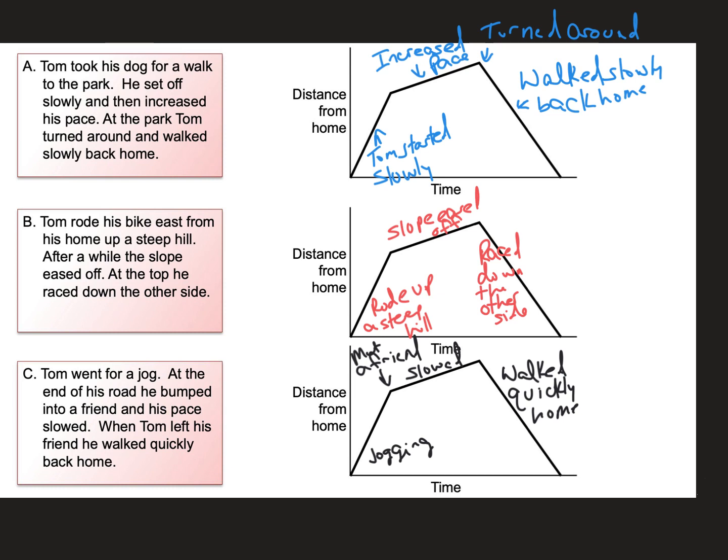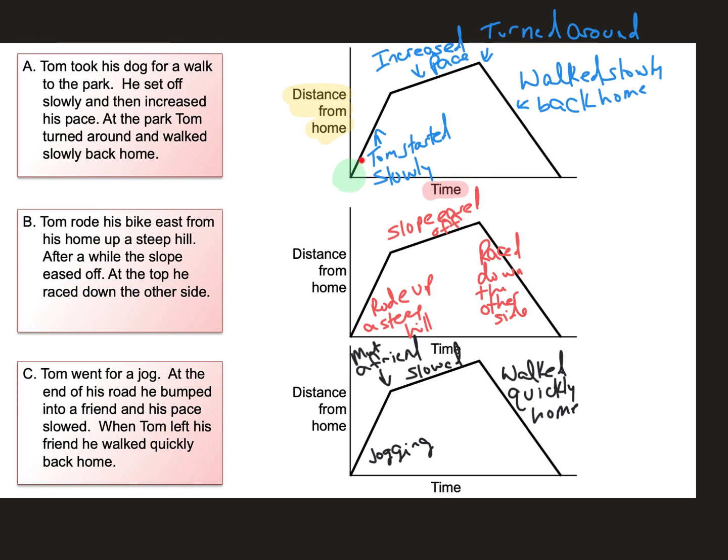So let's talk about what this point here represents. We're comparing 2 things: distance from home to time. And we're doing the same thing in each graph. So if I'm all the way down here at the bottom, how far am I from home? Well, I'm at home. My distance from home is 0. And time slowly advances this way.